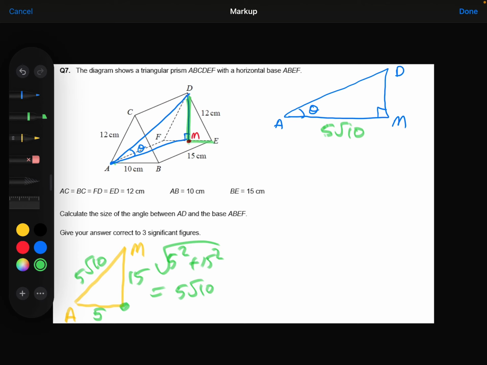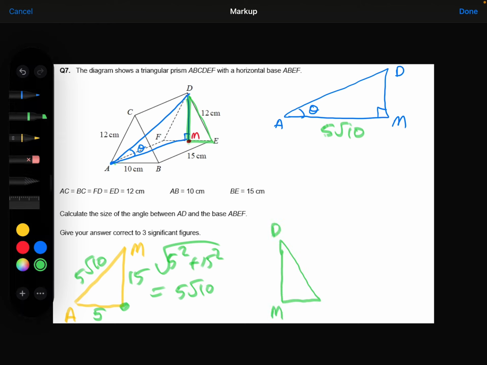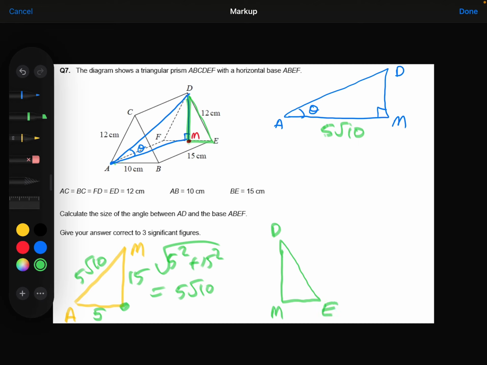Again, we've got a little right angle triangle here. So D, M, E. I know D to E is 12. And M to E, well, remember M is the midpoint. So that's going to be 5 because it's half of the 10, half of all the way across.